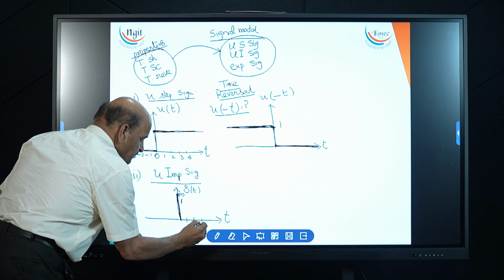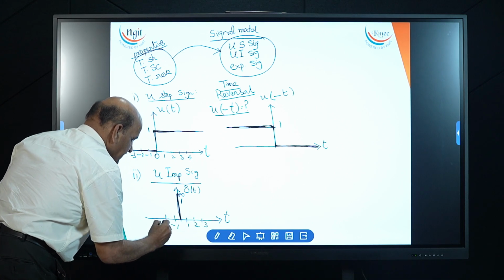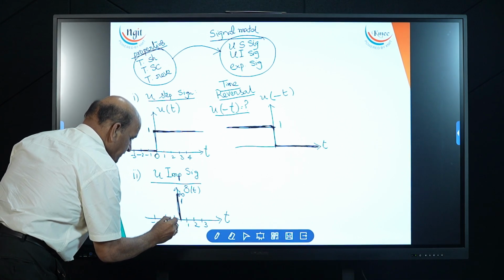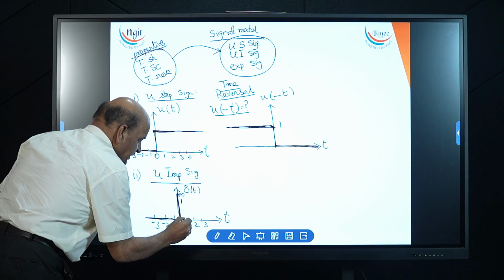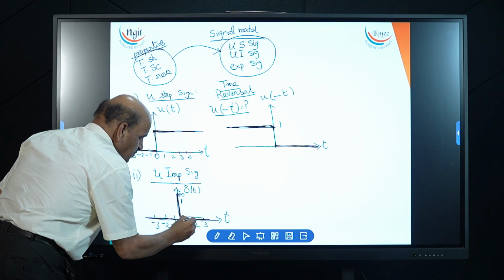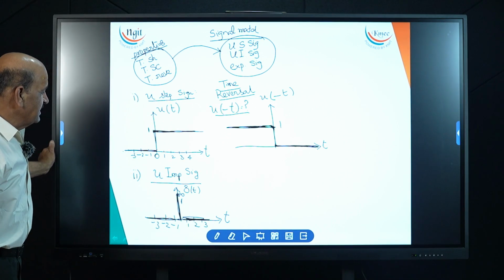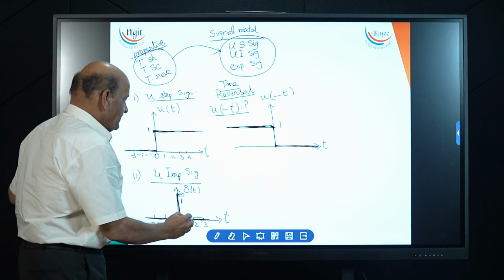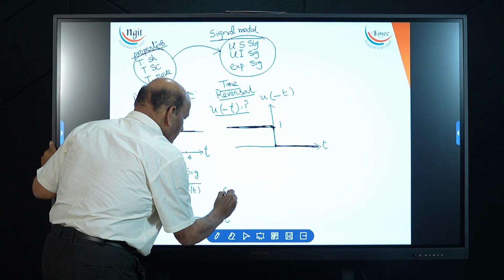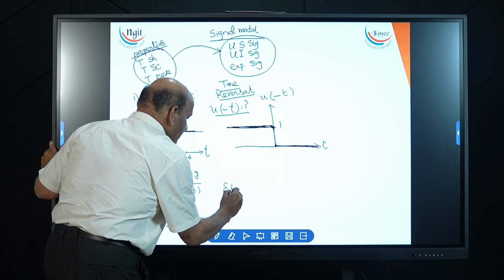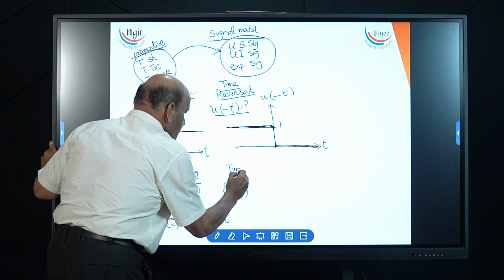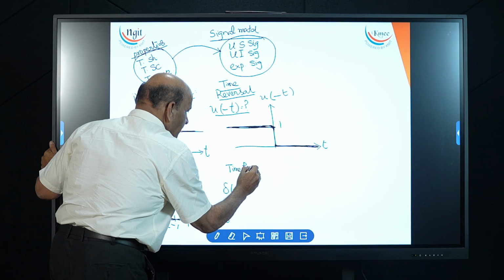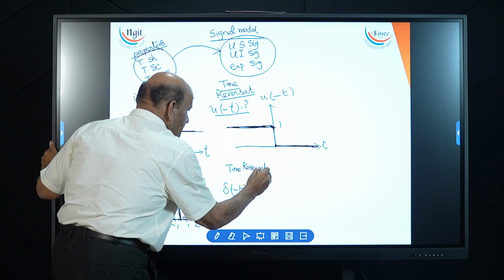The axis marks are 1, 2, 3 and minus 1, minus 2, minus 3. All these are zeros, thick line, here also thick line. This is the unit impulse signal. For this signal, what is the time reversal? What is the time reversal of the Dirac delta signal?